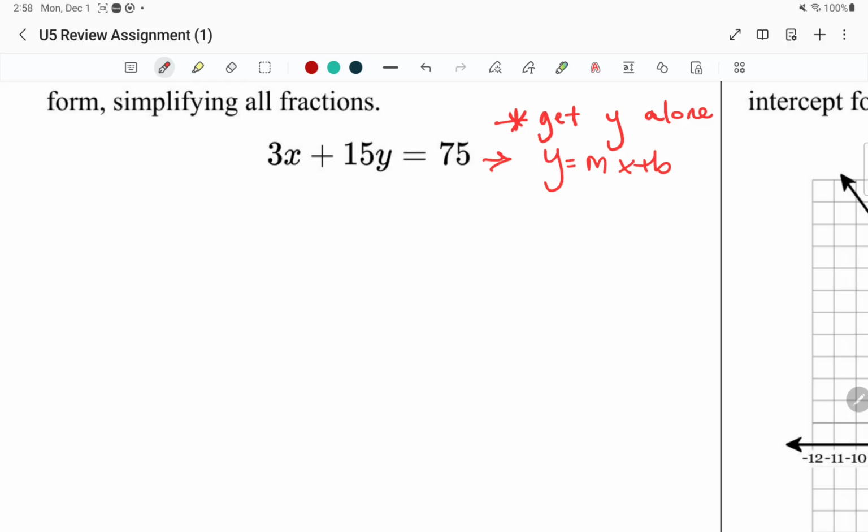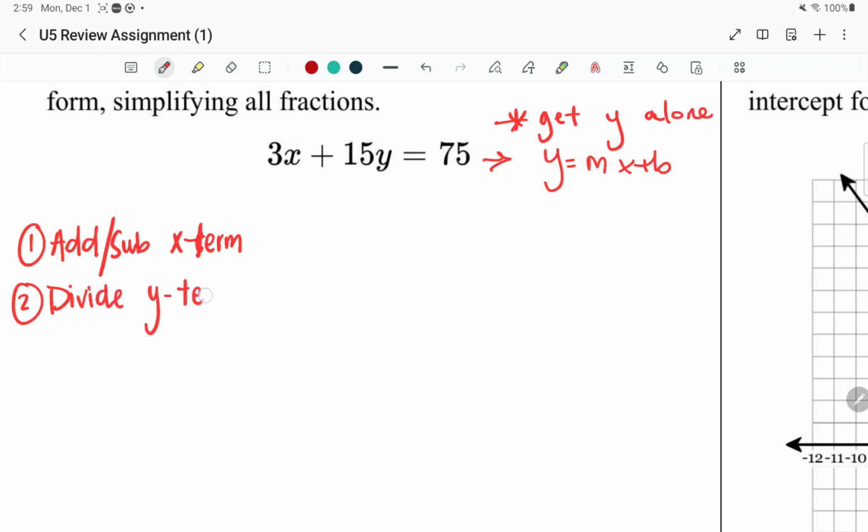The more in-depth steps that I've been saying is you have to either add or subtract the x term, and then you have to divide the y term. So that's something that would be great on your half sheet. The reason you're going through this video is so that you can fill out stuff that would help you on your half sheet. Okay, but let's do it.